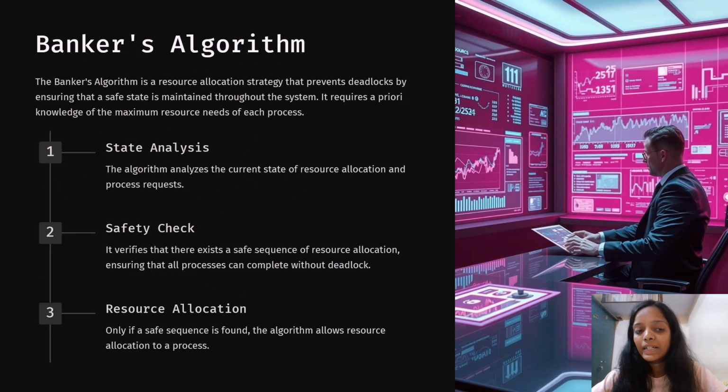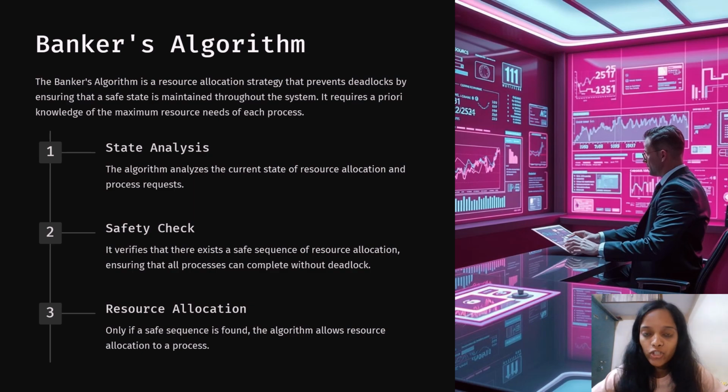Let us see what is Banker's algorithm. The Banker's algorithm is a resource allocation strategy that prevents deadlocks by ensuring that a safe state is maintained throughout the system. It requires prior knowledge of the maximum resource needs of each process. State analysis. The algorithm analyzes the current state of resource allocation and process requests.